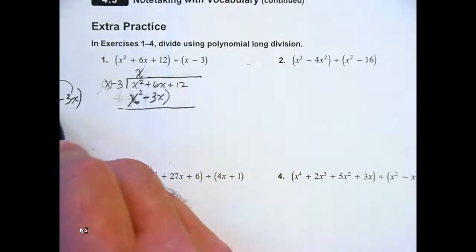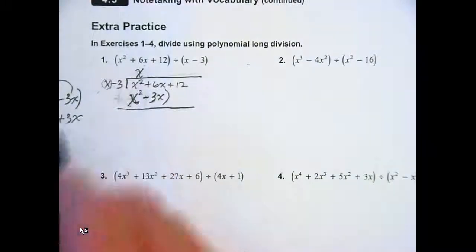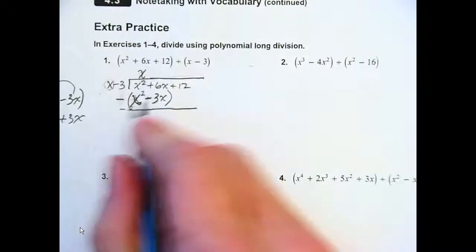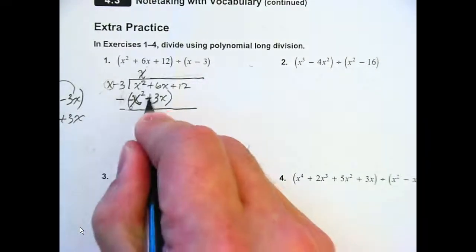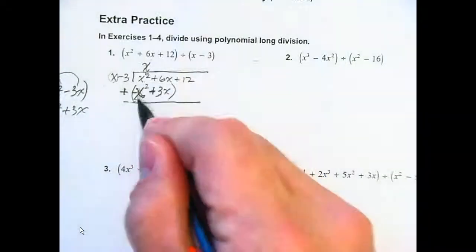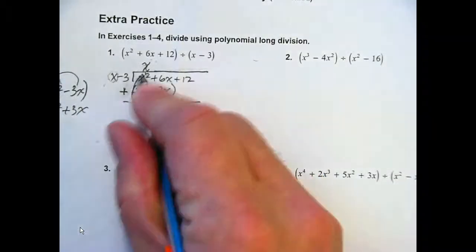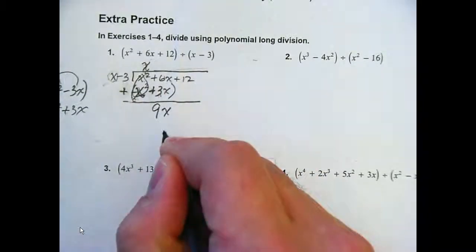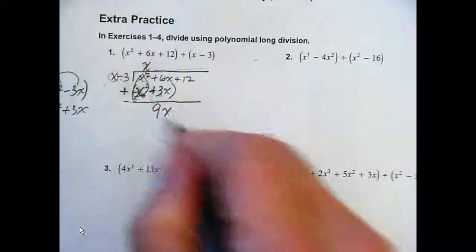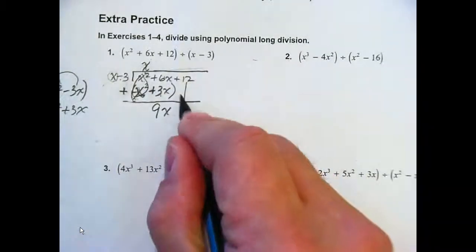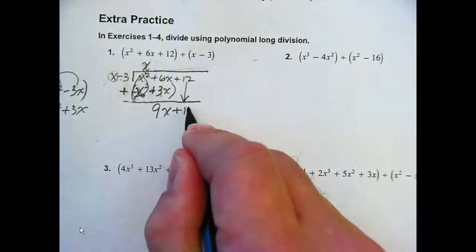That becomes negative x squared and positive 3x. Then we're adding the two. We're adding this and this to get 0, and that to get 9x. x would go there, but we don't have a second term. That's our check. And we bring down the 12.